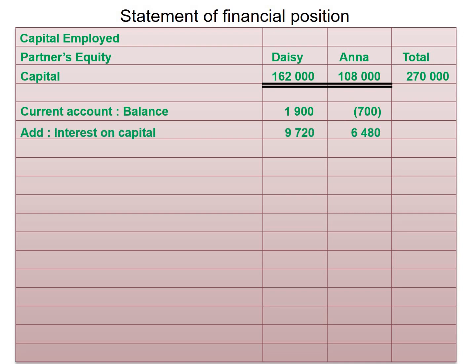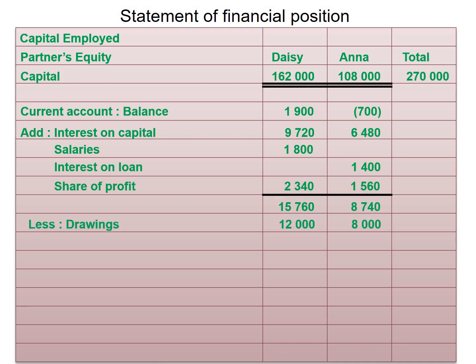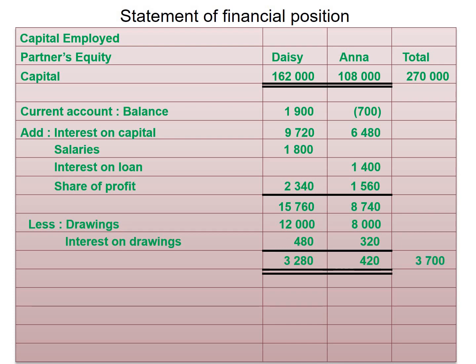Then we add our interest on capital, we add the salaries, we add the interest on loan, and then we add the profit share that was calculated in our appropriation account. Then we add them up and then we subtract the drawings and the interest on drawings, and then we get our final balance. And then if we add these two up, 3,280 plus 420, we will get 3,700.